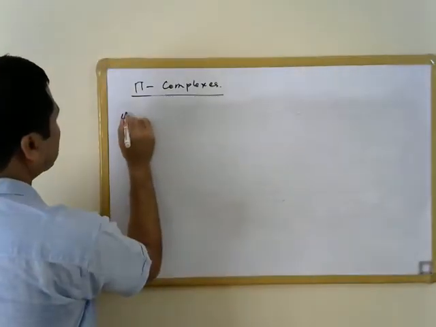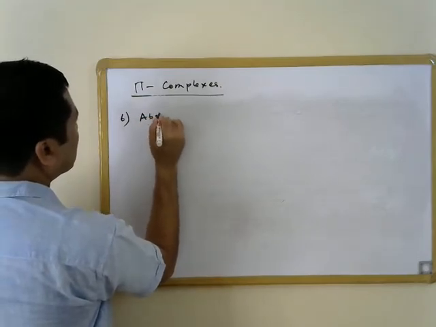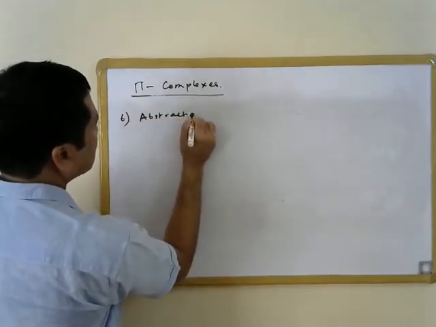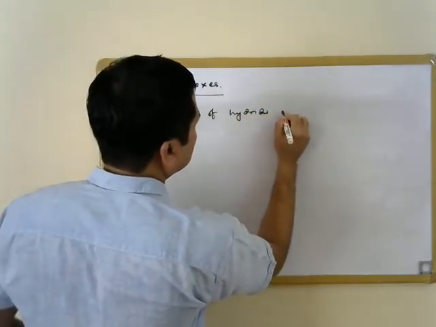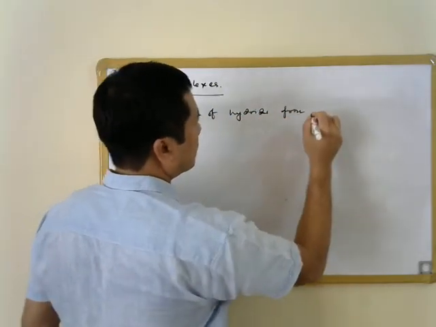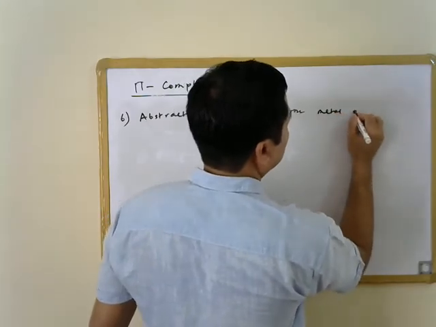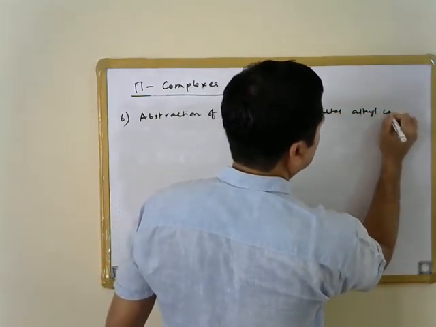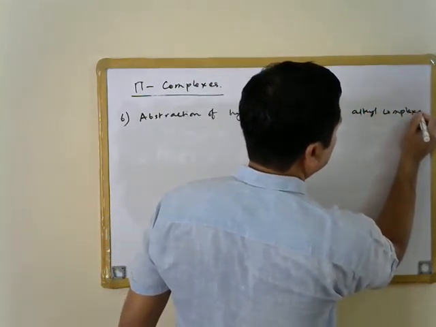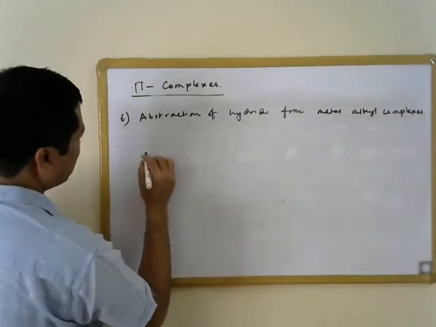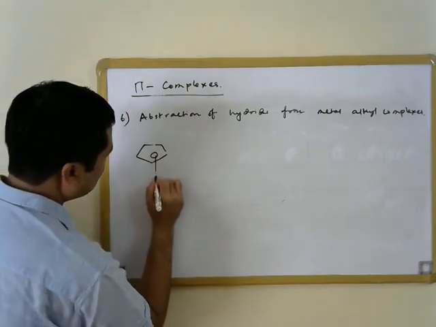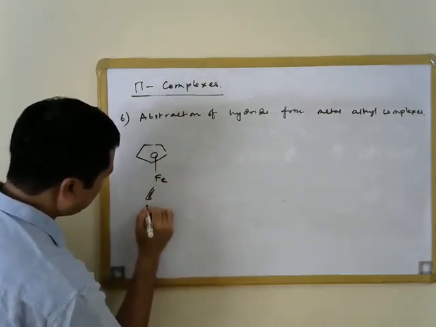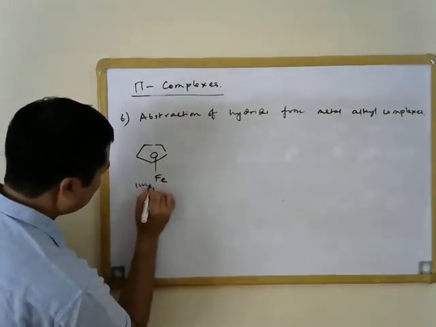So the sixth method, abstraction of hydride from metal alkyl complexes. One starts with a metal alkyl complex. Let's take a metal alkyl complex of this sort.